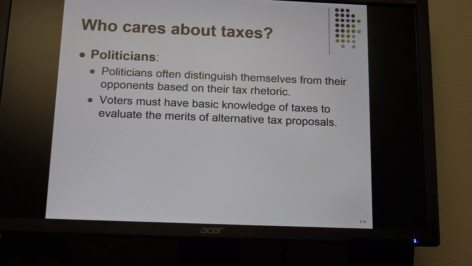Of course, voters, generally, not always, but if you're a contributing member of society and pay lots of taxes, you're concerned about what your politician is doing, whether or not they're wanting to raise taxes or lower taxes.